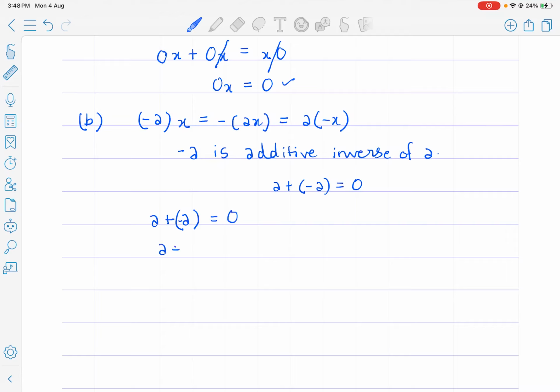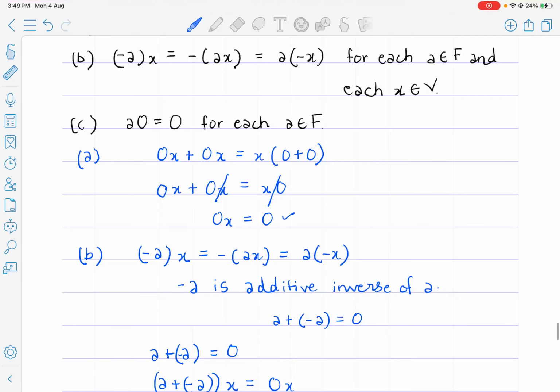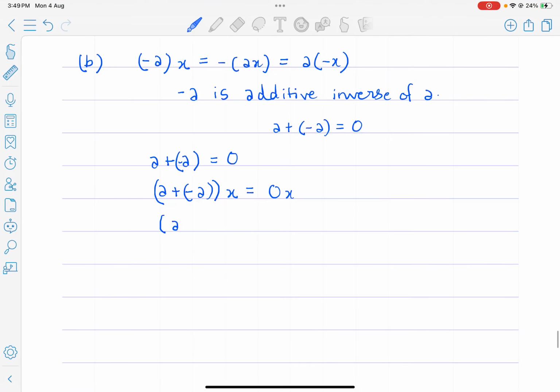Multiplying by x, we get (a plus minus a)x. Now use the distributive law, so this will be ax plus (minus a)x.